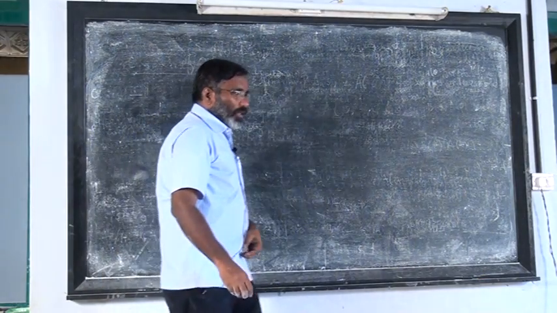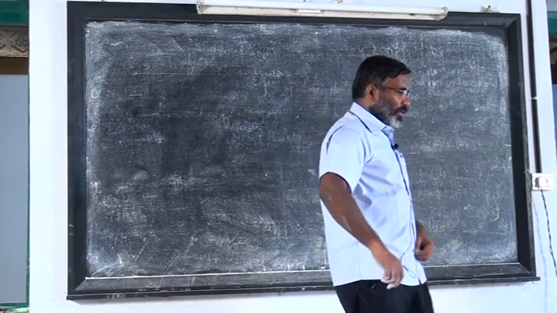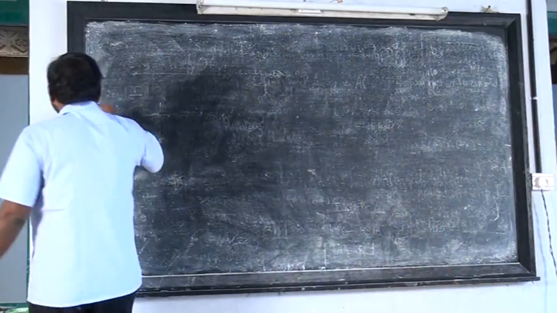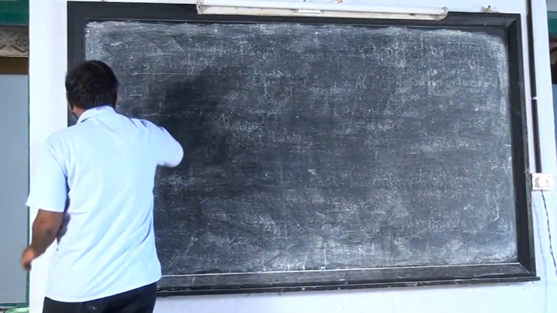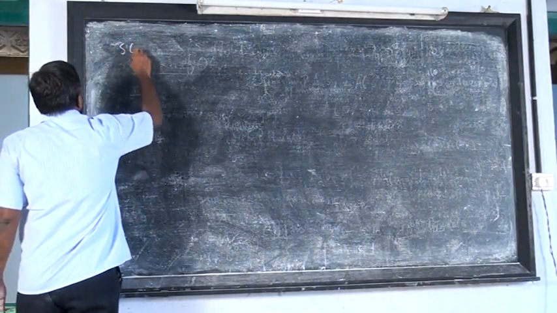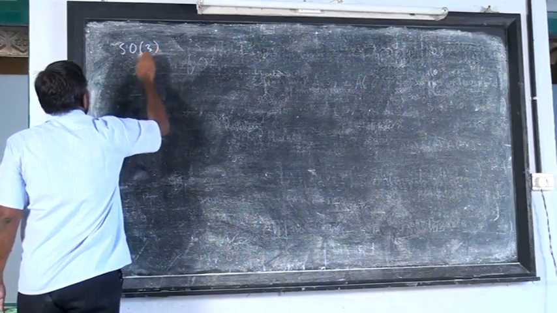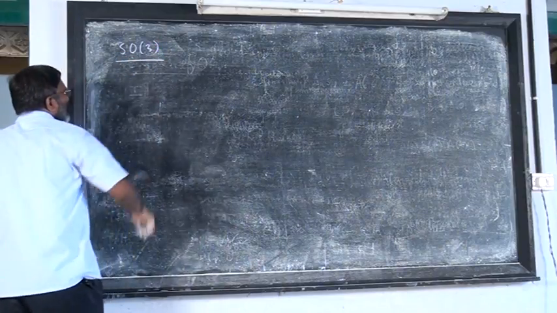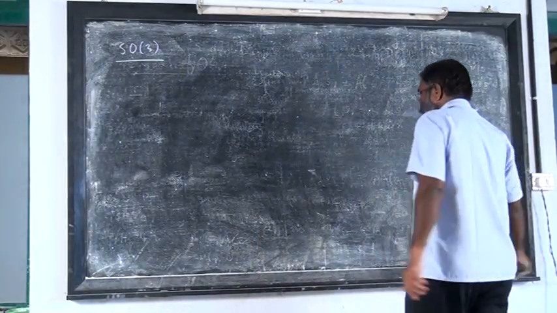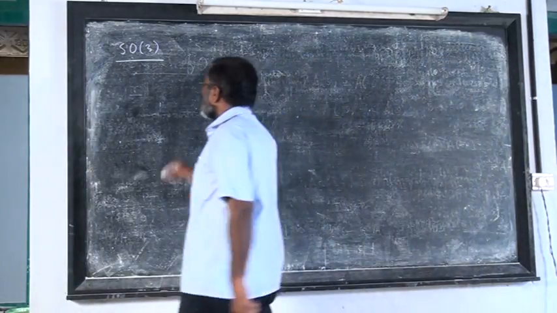Now we can talk about a group which is a little more familiar to us, at least in terms of the language we use in classical mechanics. This is called the SO3 group. This is the special orthogonal group in 3 dimensions, a rotation group in 3 dimensions.